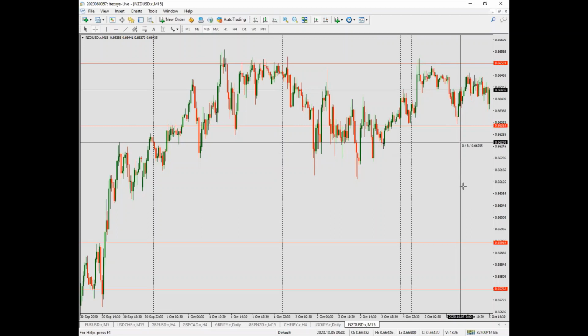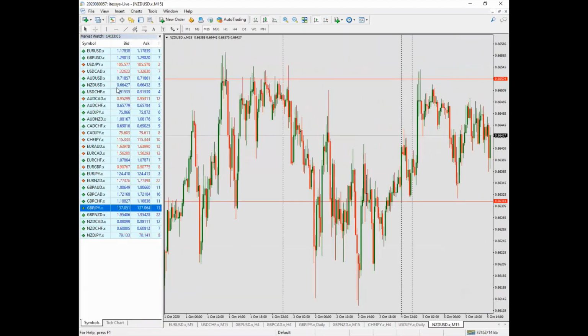So we can try to find some sell position in this 30, maybe even 40 pips buffer between this level and this one. Okay, so that's for the kiwi against the dollar. I'll try to find something else from those levels.